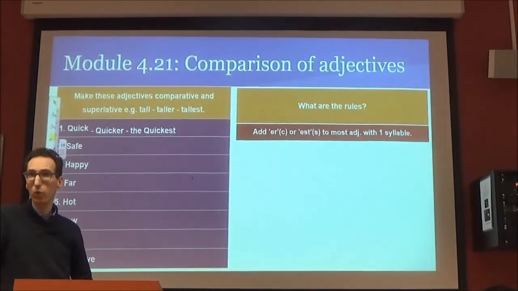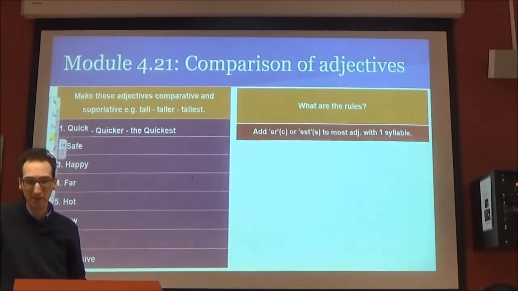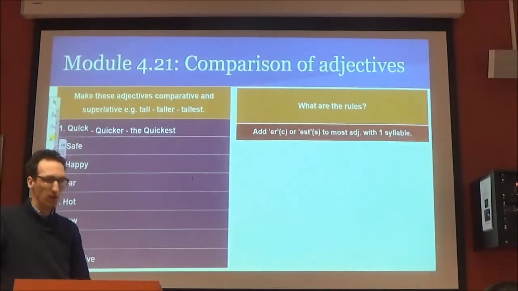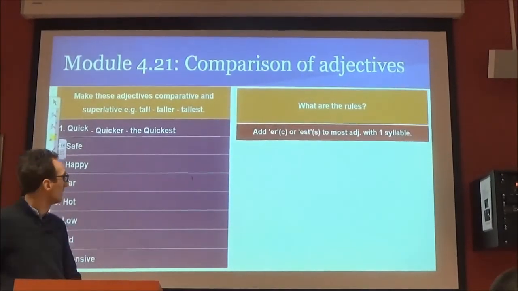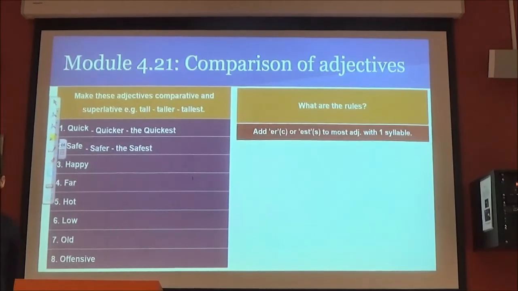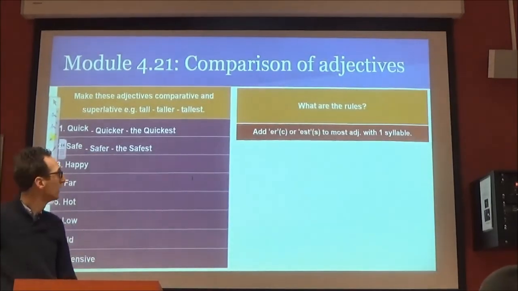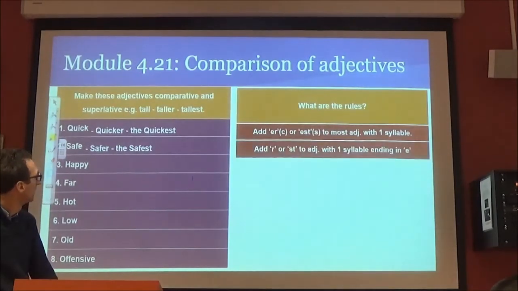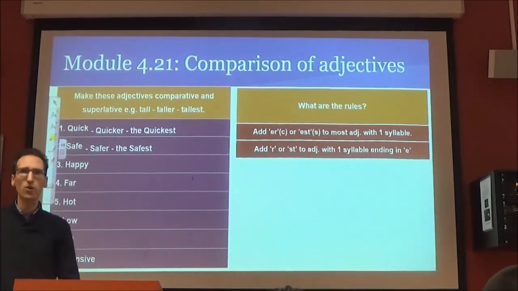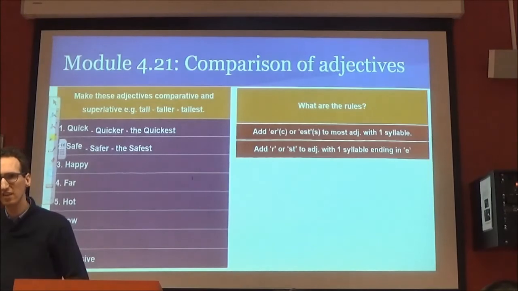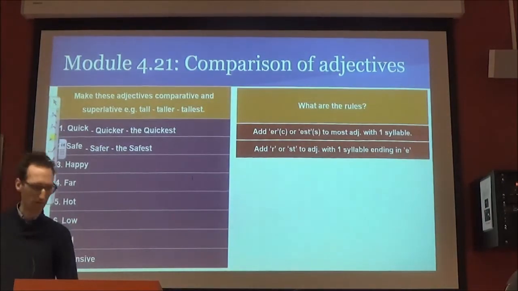But with one syllable words, or monosyllabic words, we add ER-EST. Safe, safer, safest works exactly the same, but be aware that it already ends in an E, so you can't add ER, you just add an R. Now you don't add an extra E. Safer.